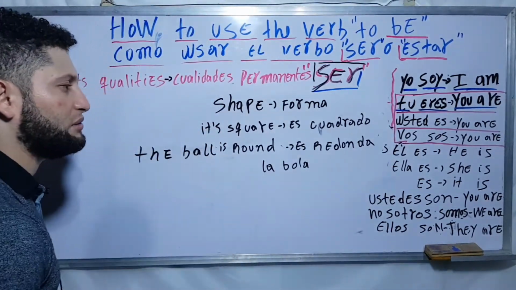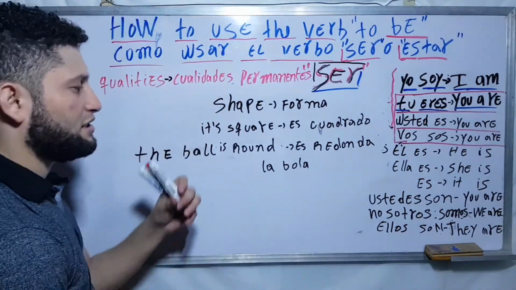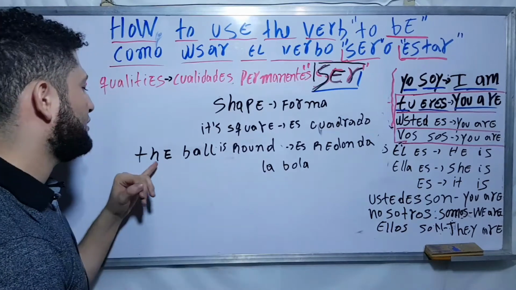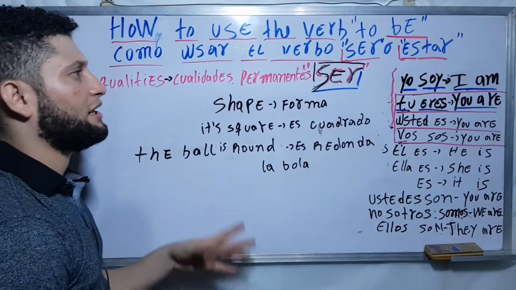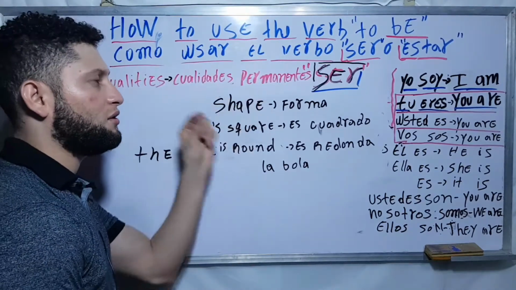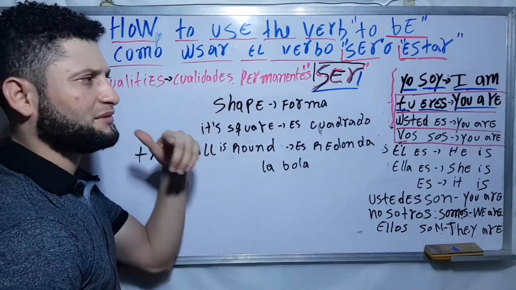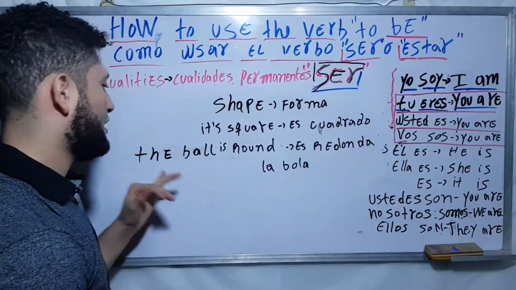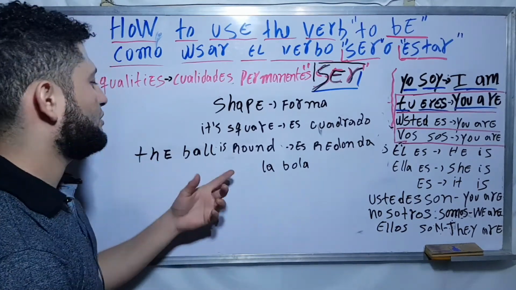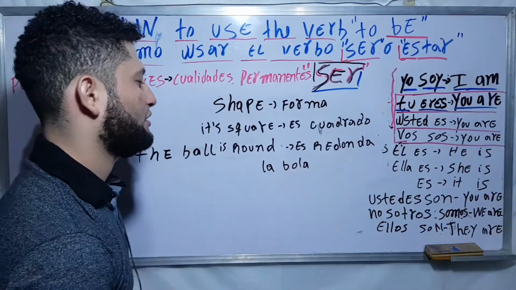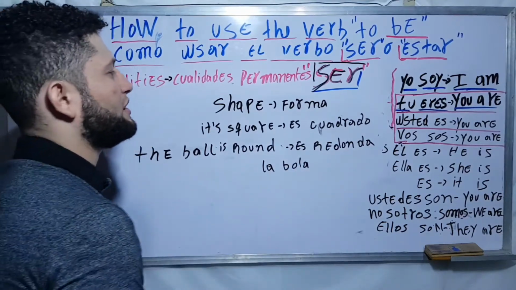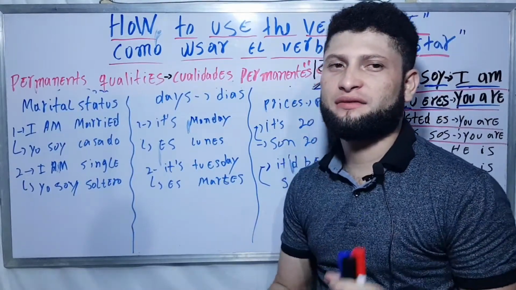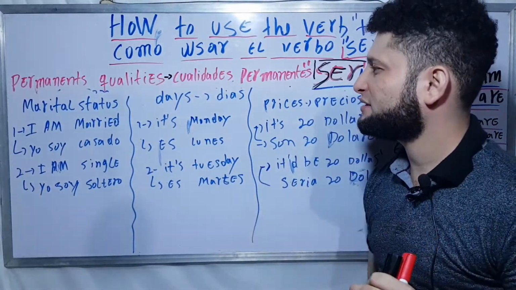I will make a video about gender. So in this case not el bola. Remember that I need to translate the like el, la, los, las, and so on. So in this case is la bola, the ball is redonda. So for shape, as I said. Okay guys, we have almost the last ones.